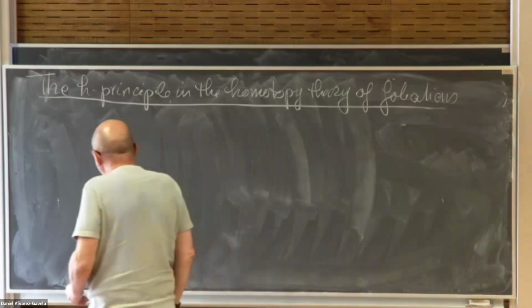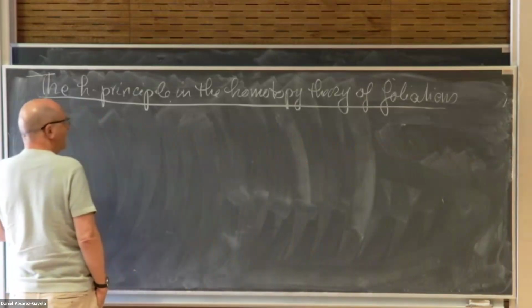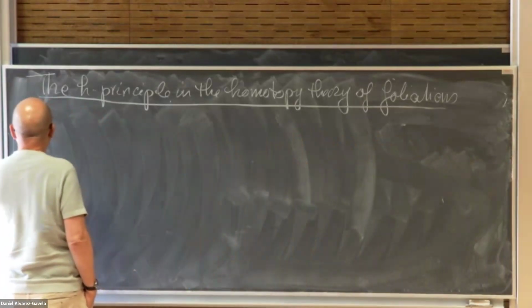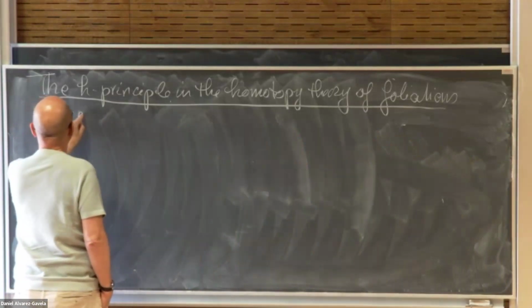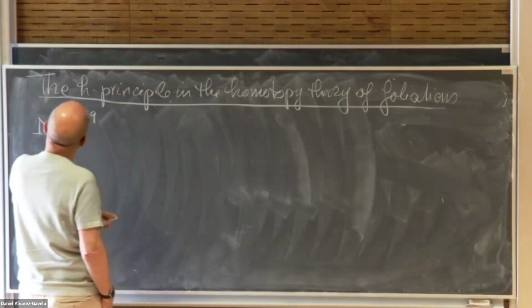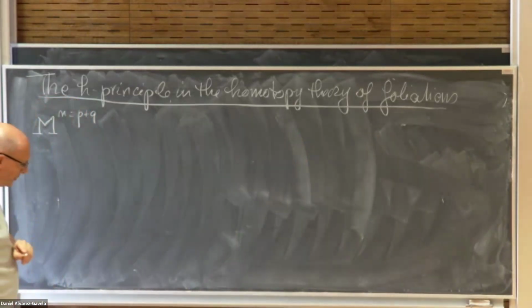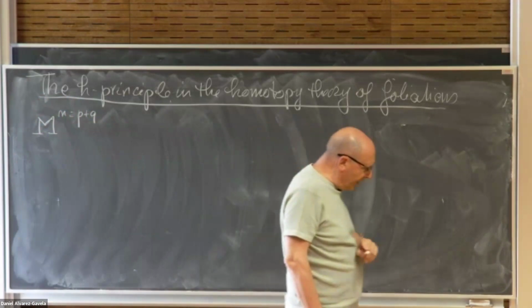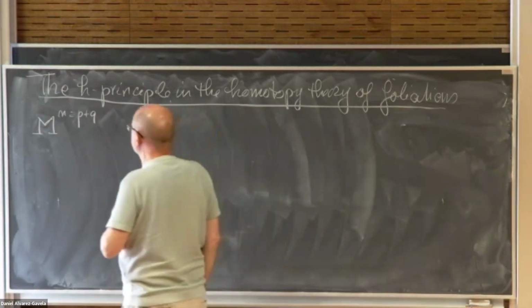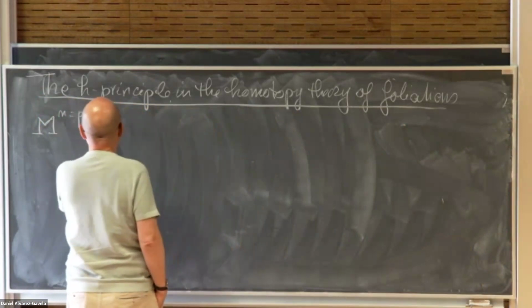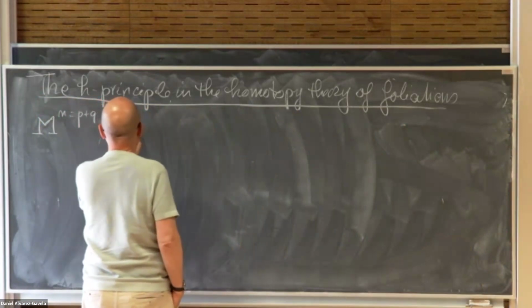So what is a foliation? Well, first of all, consider a manifold of dimension n, divided as p plus q. For the moment, it may be closed, open, anything. And so consider a p-plane field.